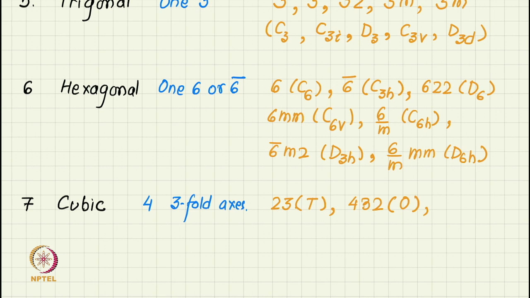Then m3 bar, which is Th, and you have the complete symmetry of the tetrahedron, which is 4 bar 3m, Schoenflies notation Td, and the complete symmetry of the cube, m3 bar m, in Schoenflies notation Oh.